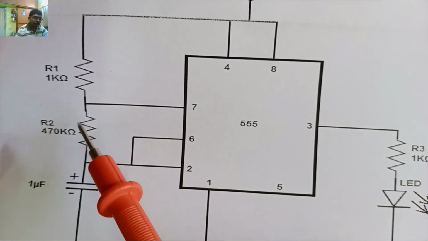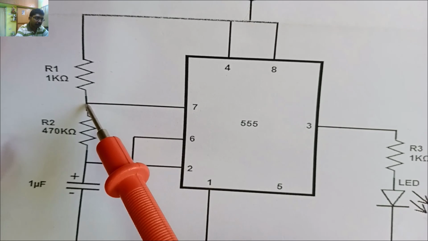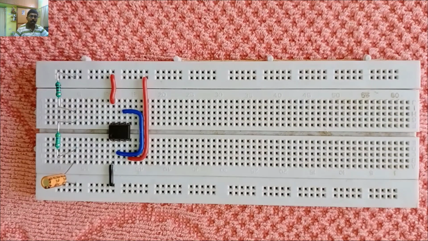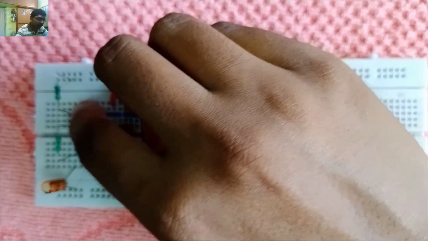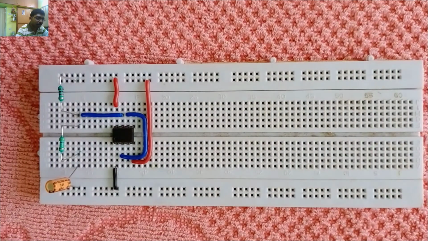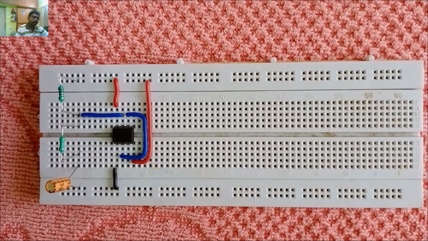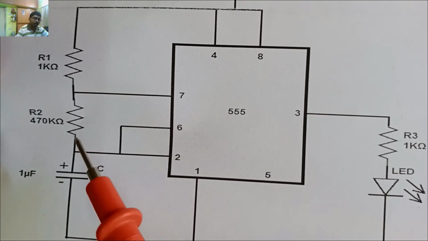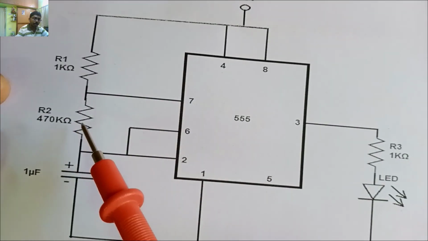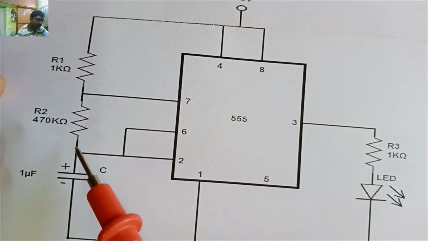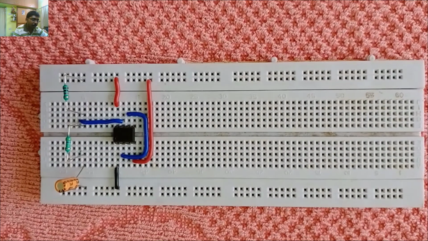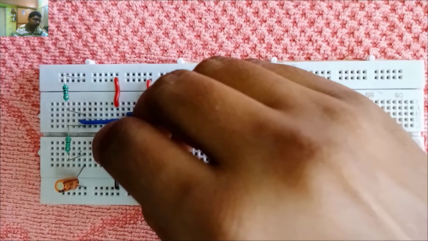Now we are going to connect the 7th pin. After connecting this, from the resistor and the capacitor terminals from this end, we are going to connect it to the 2nd or 6th pin.